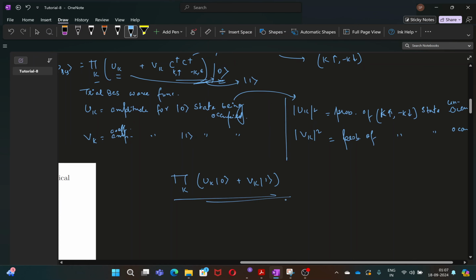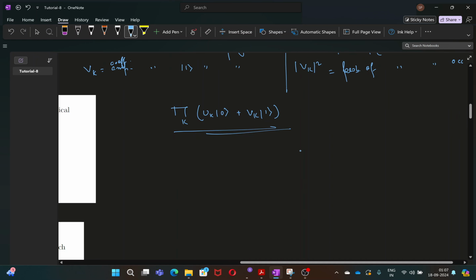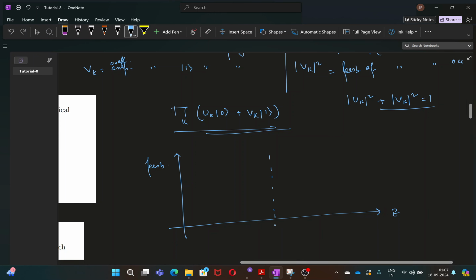Because |uk|^2 is the probability of being unoccupied and |vk|^2 is the probability of being occupied for the state k up, minus k down, the total probability is equal to 1 as usual. And this works like this: you have the probability on the y-axis and energy on the x-axis. Then this is the Fermi level EF.